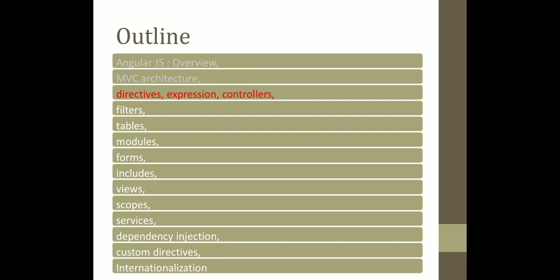We have also seen the example and the basic three parts, ng-app, ng-model and ng-bind, that are making the AngularJS application. In the next video we will see the directives, expressions, and controllers that are making AngularJS an extended HTML.